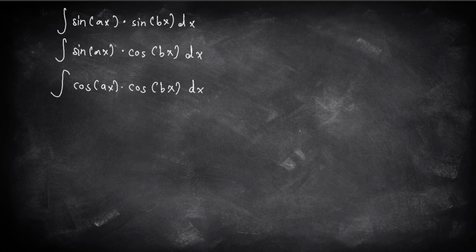So there are three different cases: both sine, one sine and one cosine, or both cosine, multiplied to each other. For these, we're going to have to use the trigonometric identity for the sum to products or products to sums, which is kind of long.